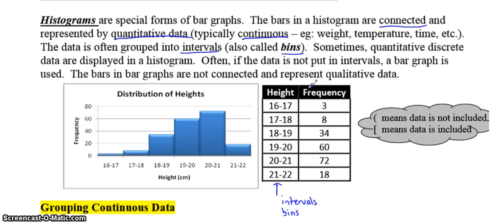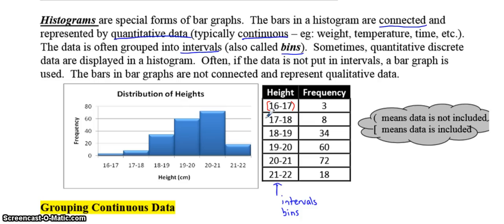So to show the reader which interval that 17 would go into, you use either curved brackets or square brackets. So square brackets means 16 is included in this interval, but 17 is not.